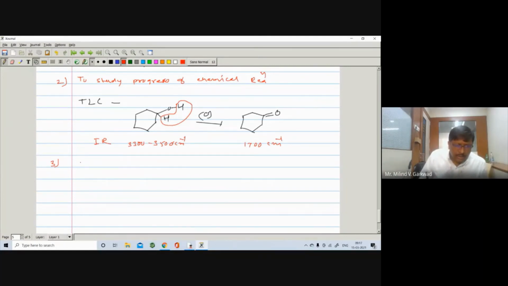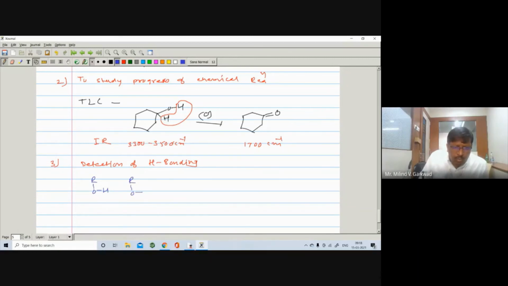Okay, the third use, we can detect hydrogen bonding, right? Detection of H bonding. How can we find out the H bonding? Just now we have learned a number of examples. Suppose you have an alcohol, ROH.